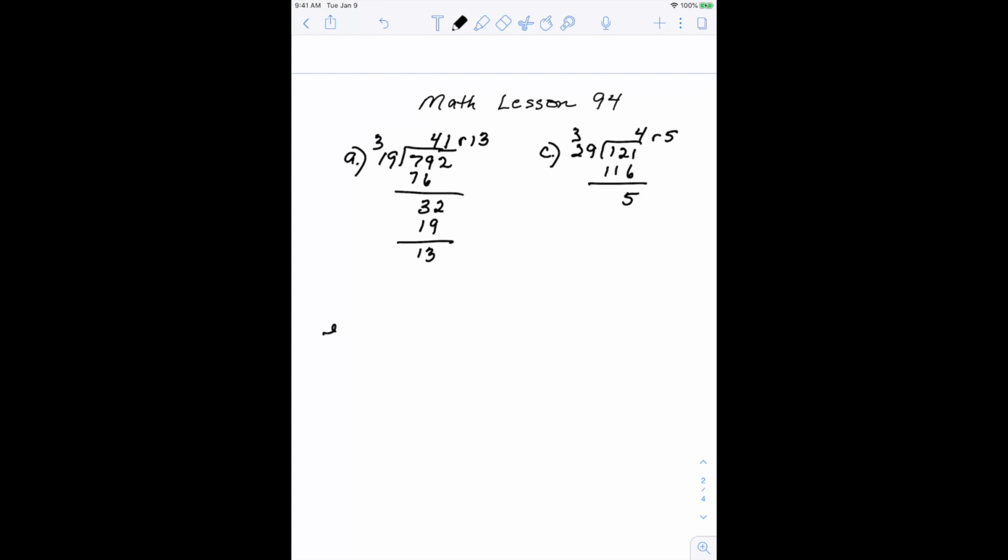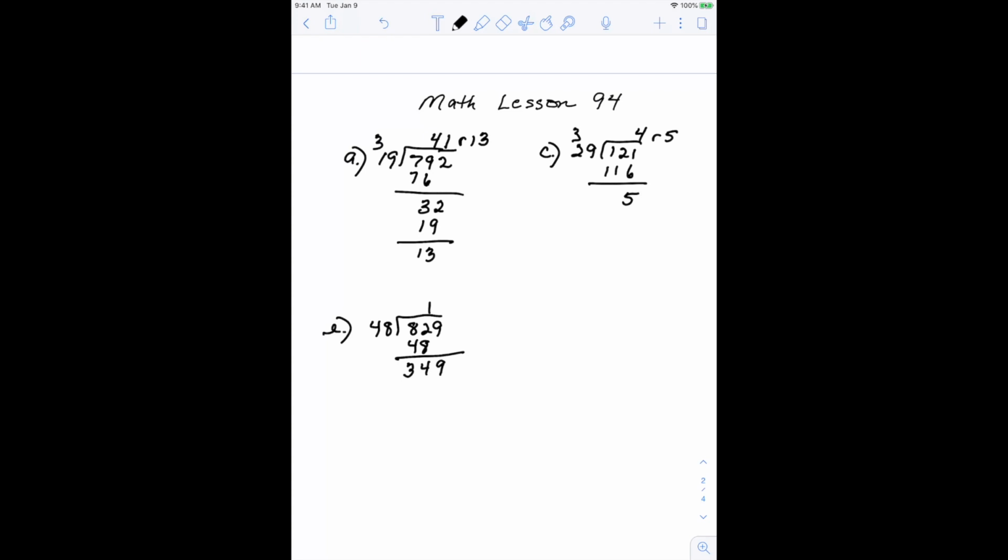Now let's look at E. 48 into 829. 48 is almost 50, and 82 is close to 80. How many times do you think 5 would go into 8? Just one time. So let's multiply back. 48, subtract 4, 3, okay, and we'll bring down our 9. 48 into 349.